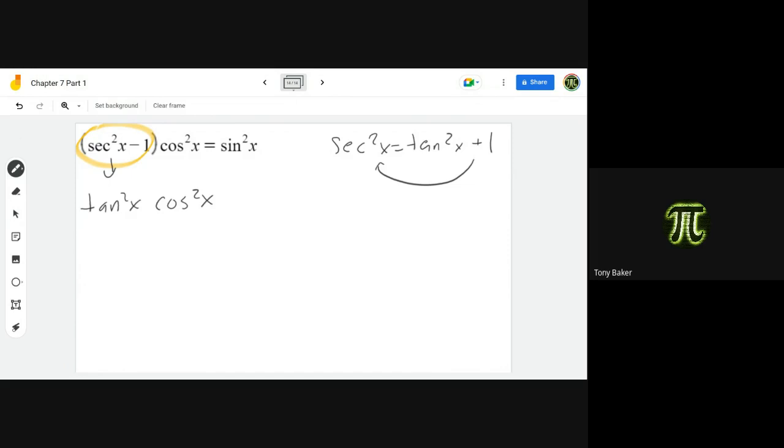Does it matter if it's a minus or one in those identities? Yeah. It's the way this is set up. See how secant squared x equals tangent squared x plus 1? If I subtract 1 from both sides, now I have the secant squared x minus 1 equals tangent squared x, which is what I used to replace. It's all the same thing. Yeah, it's just manipulating the Pythagorean identity.